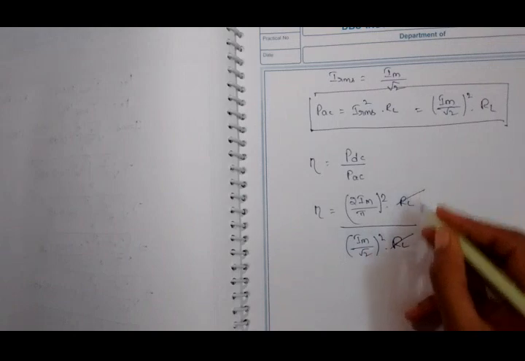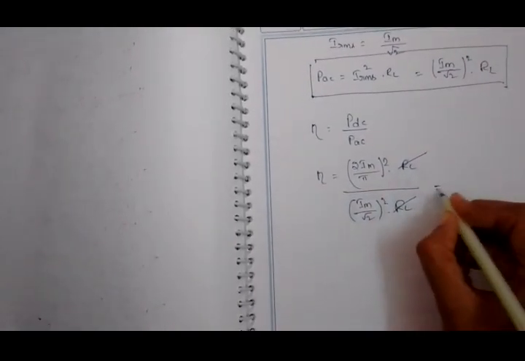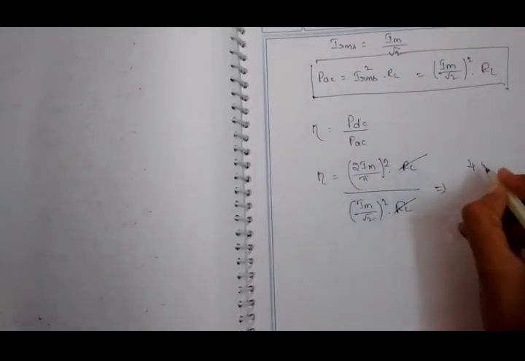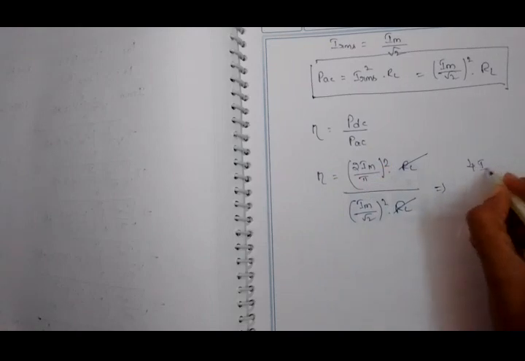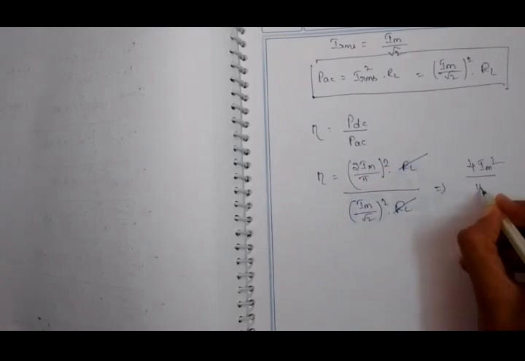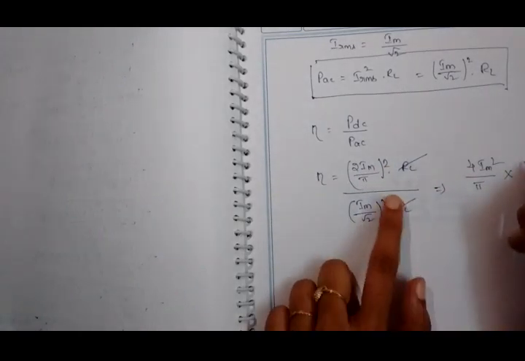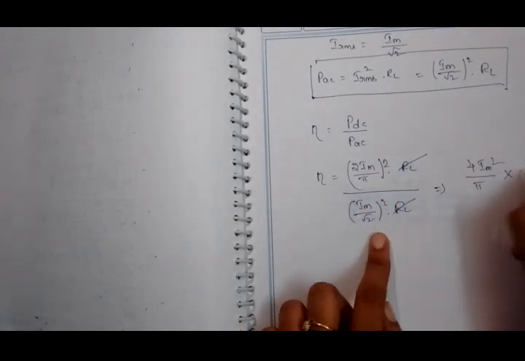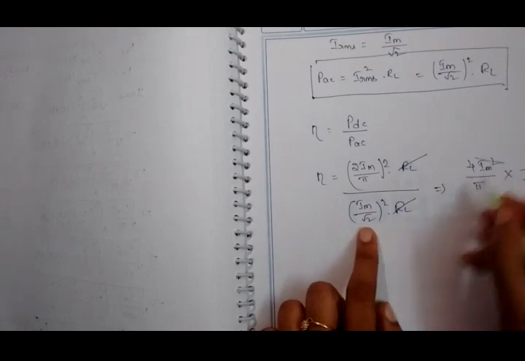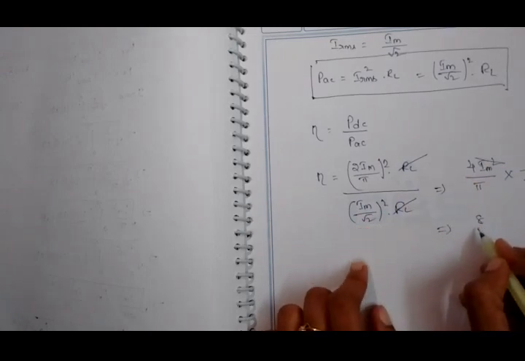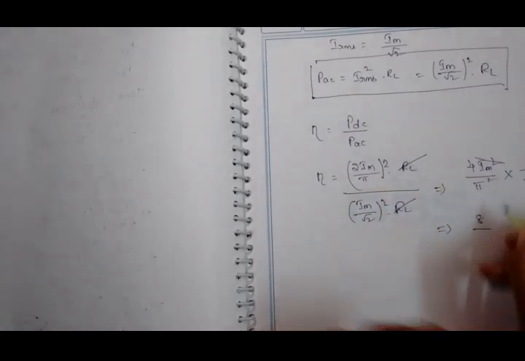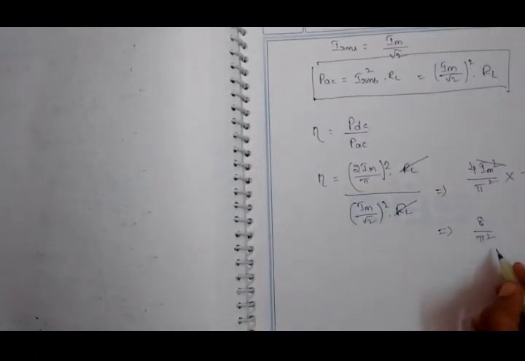So RL gets cancelled. Then I'm directly applying the square: 4Im square by pi square, into root 2 square, which means root and square get cancelled, so we get 2 by Im square. Im square gets cancelled. We will get 8 by pi square.